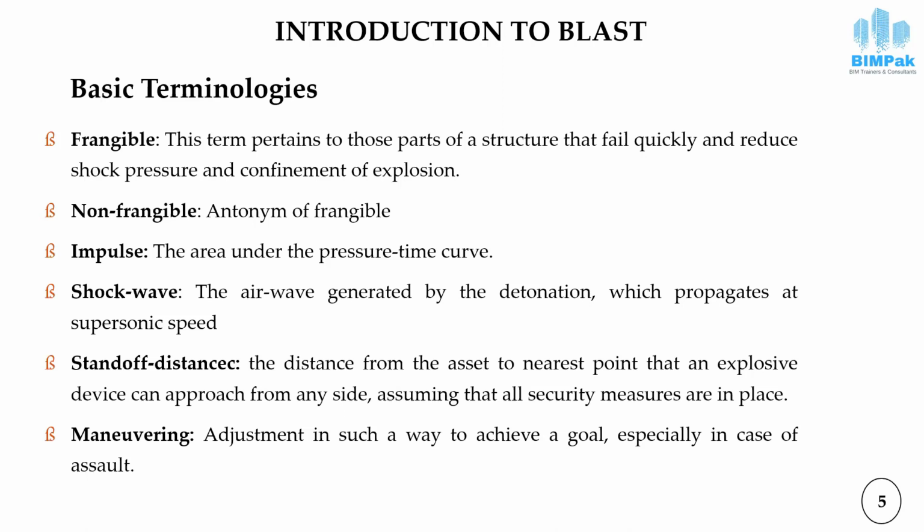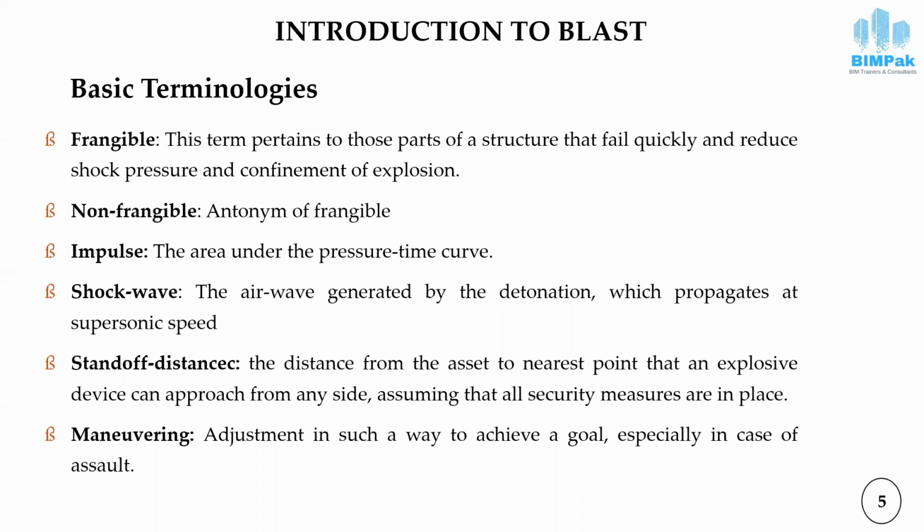Then standard distance. This term will be frequently used in our presentation. It is the distance from the asset to the nearest point, assuming that all security measures are in place.